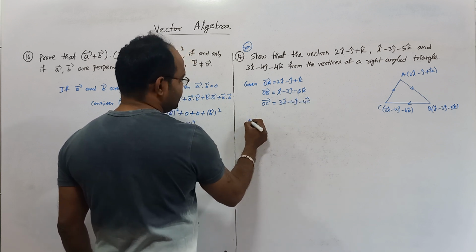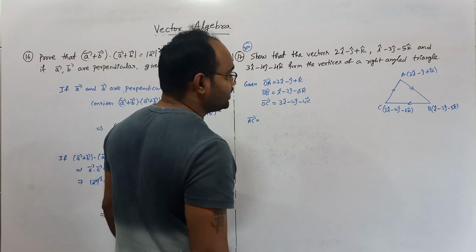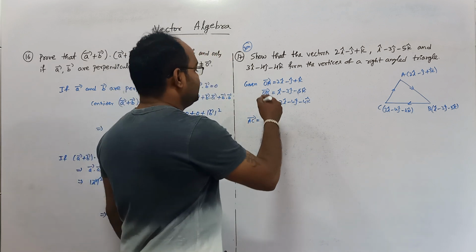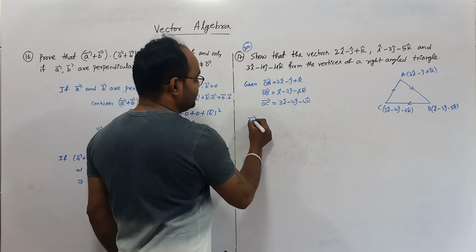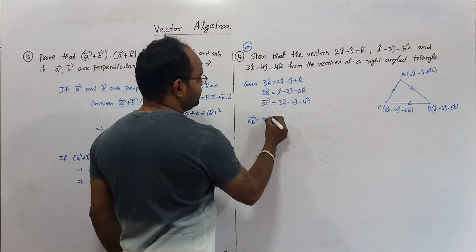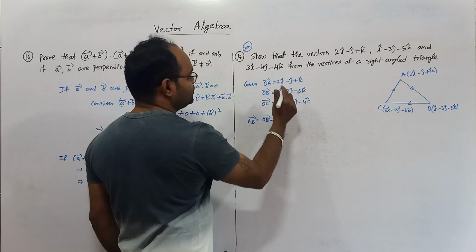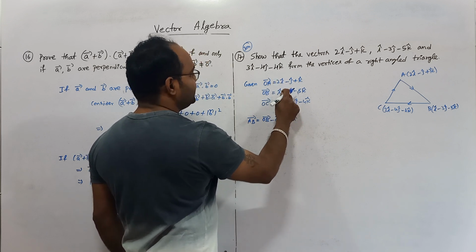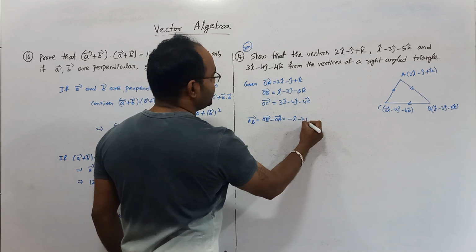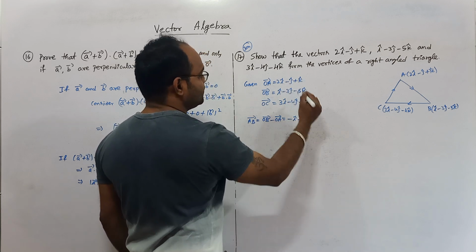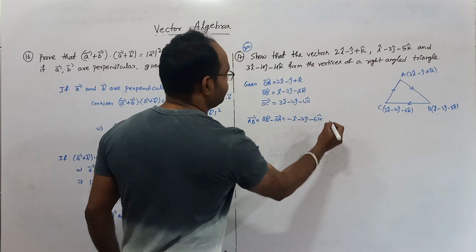Now find out the sides. Vector AB, what does it become? Vector AB is OB minus OA. This minus this: 1 minus 2 is minus i hat, minus 3 plus 1 is minus 2j hat, minus 5 minus 1 is minus 6k hat.